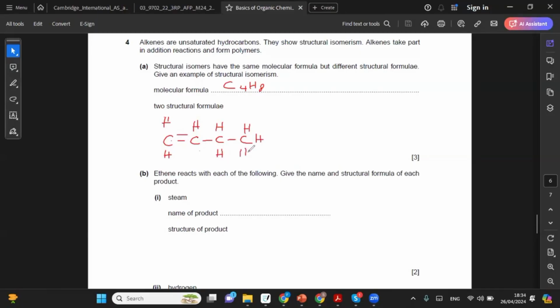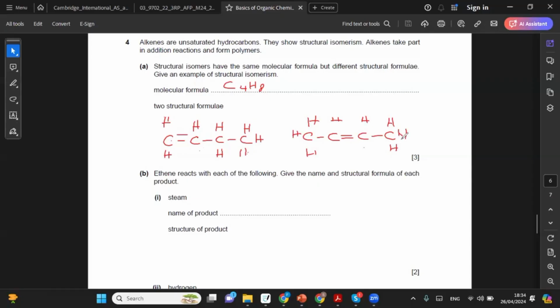Now I have multiple options. Option number 1, change the position of the double bond. See, my structure has changed. I just went from but-1-ene, because the double bond was on carbon atom number 1, to but-2-ene. Now it's on carbon atom number 2.